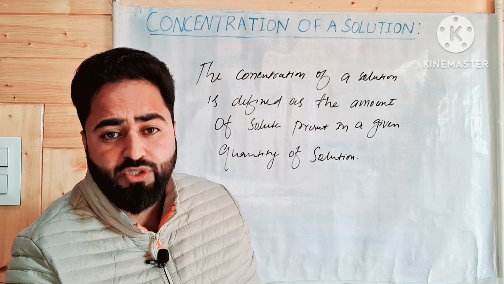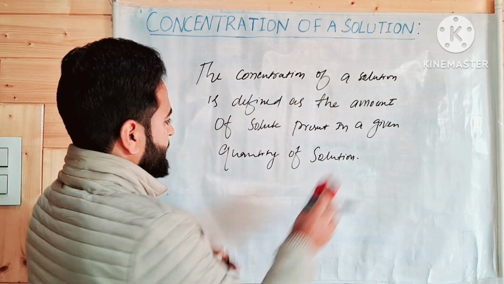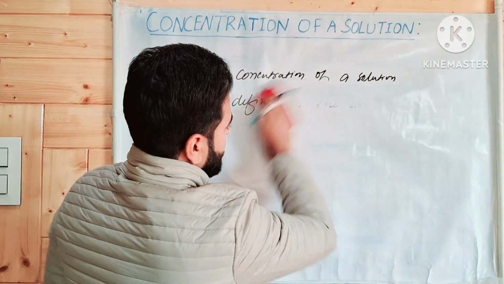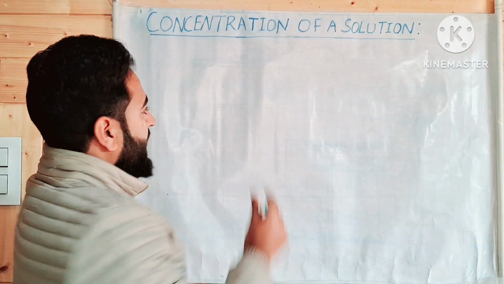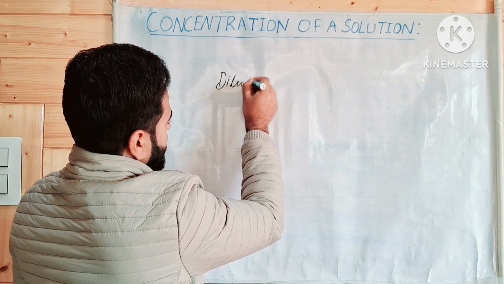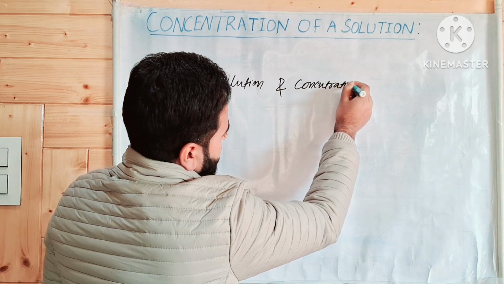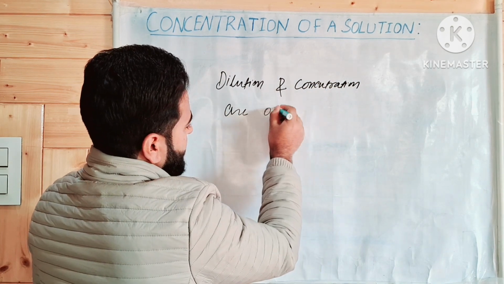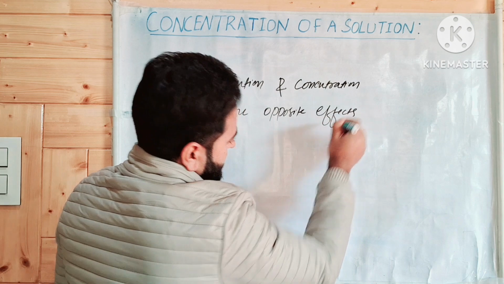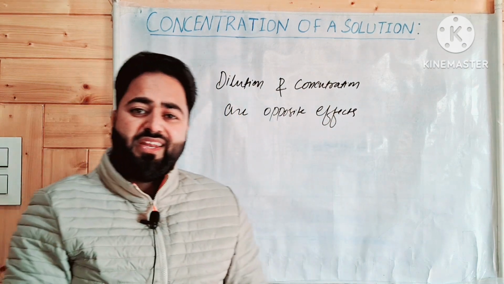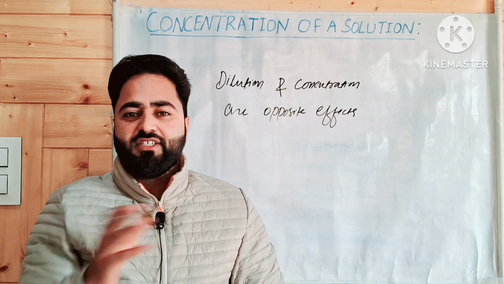So dilution and concentration are opposite effects. Because when we increase the concentration, the dilution decreases. When we decrease the dilution, the concentration increases.